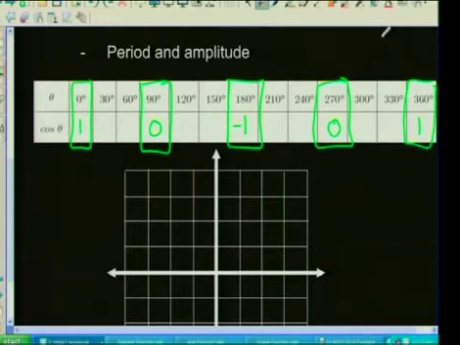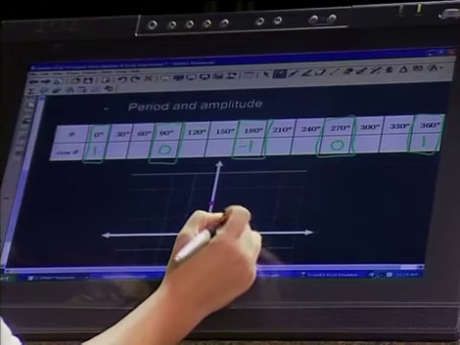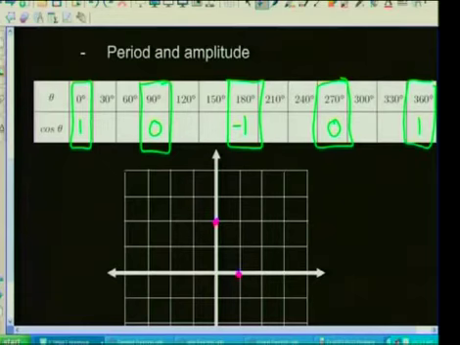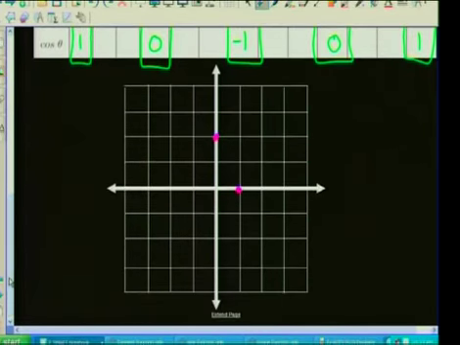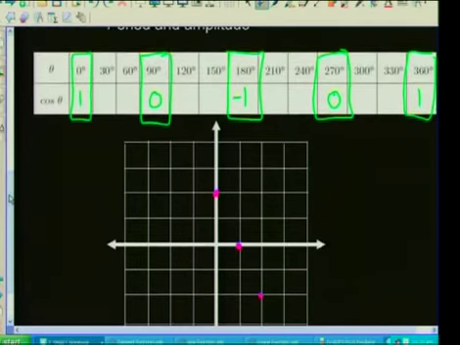So this would be half, and this would be 1. So here is where I find 0 and 1. Next is 90 and 0, which we have over there. 180 and -1. So this would be -half, -1. And 270 degrees and 0, and 360 and 1.